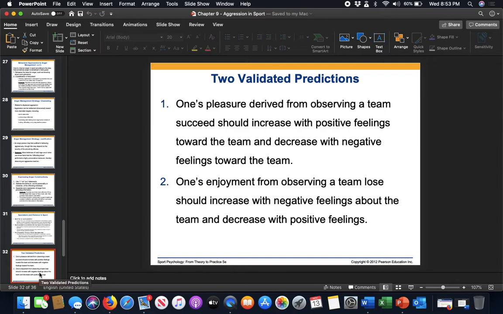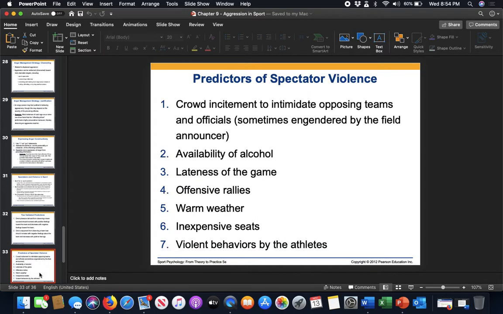Well, yeah, you're going to feel elated. And then one's enjoyment from observing a team lose should increase with negative feelings about the team and decrease with positive feelings. Those are things that we know, and I do agree with both of them. All right.